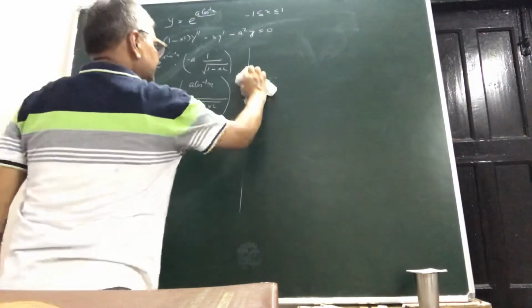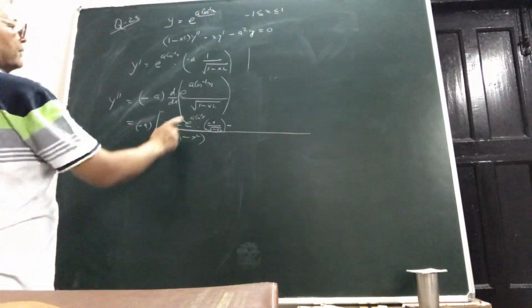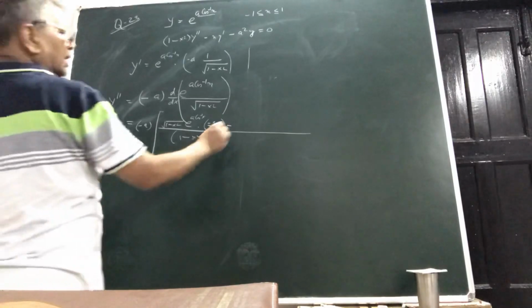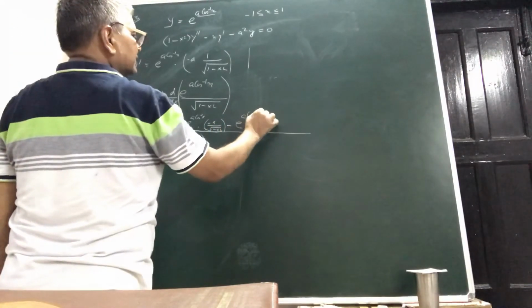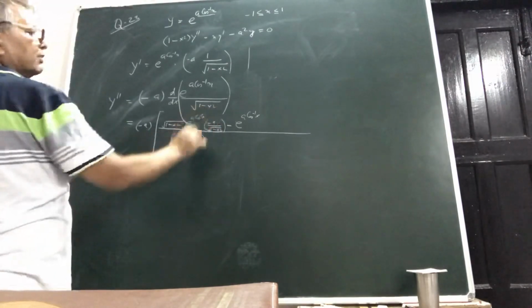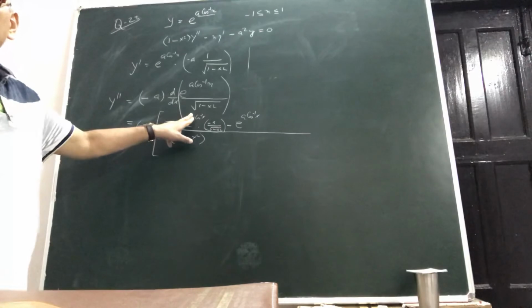Then minus the numerator, e raised to power a cos inverse x, and the derivative of under root 1 minus x square. Derivative of under root 1 minus x square will be what?